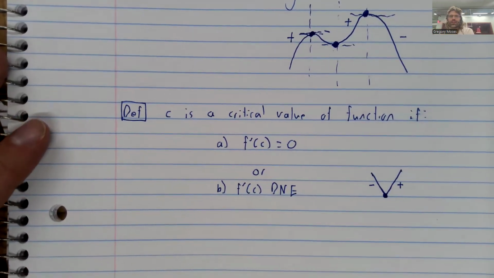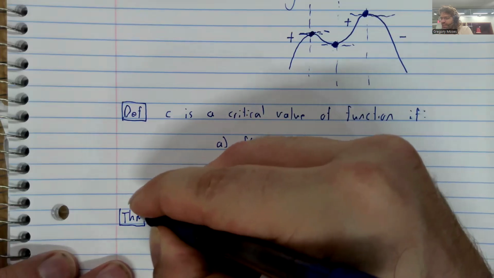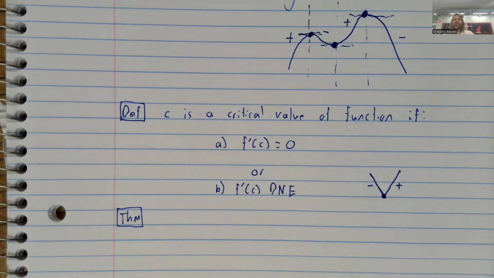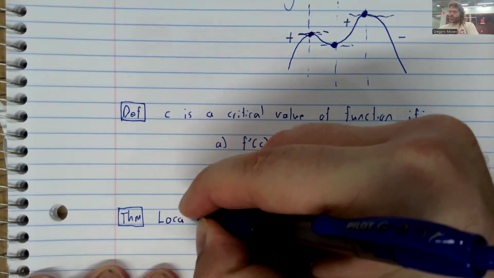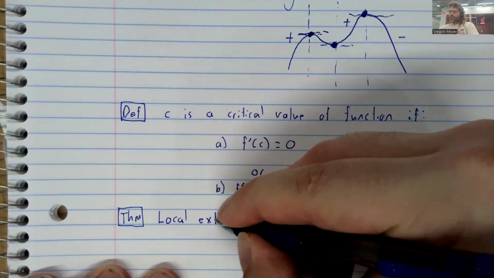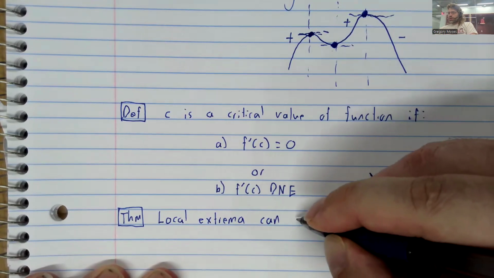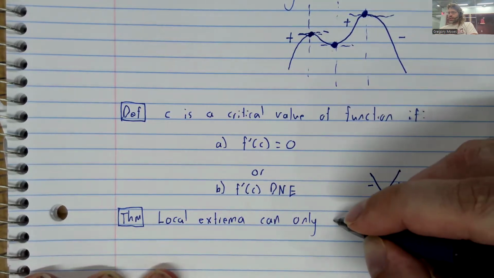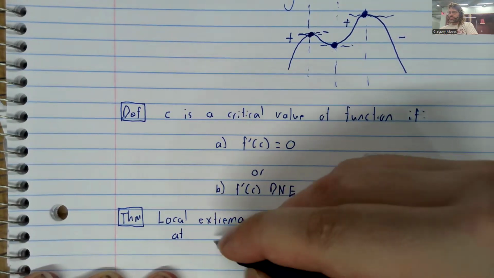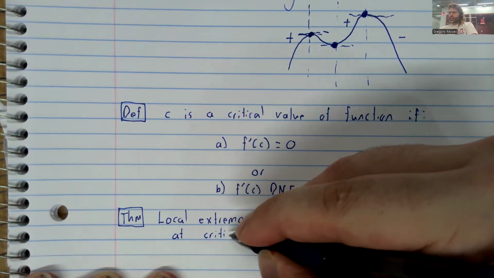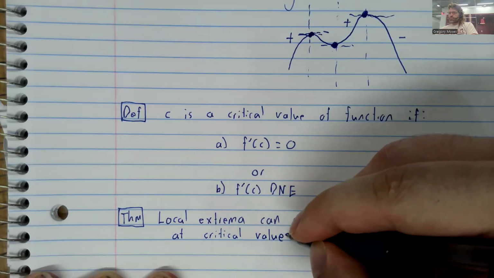Looking ahead a bit, the reason we've stated this definition is the following. Local extrema can only exist at critical values.